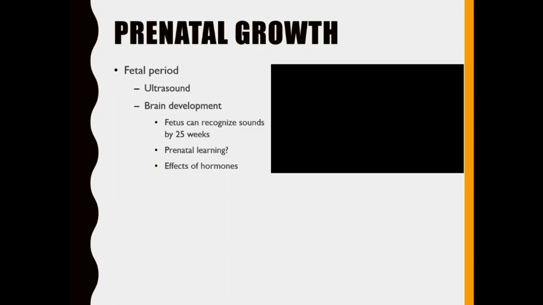In the absence of testosterone, the corpus callosum, the band of fibers that connects the two hemispheres, grows larger. And so females typically have a larger corpus callosum. The two hemispheres develop differently based on exposure to testosterone or not. So females, in the absence of testosterone, tend to grow larger left hemispheres and bigger verbal areas.